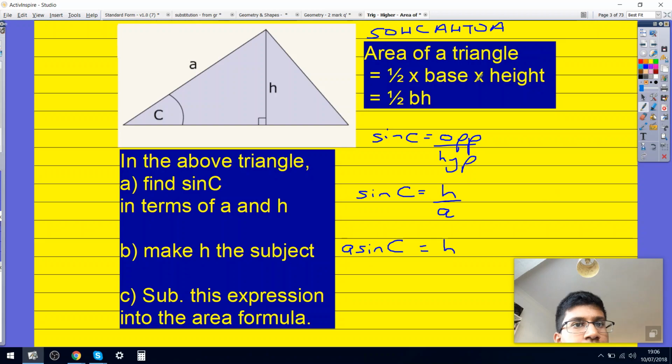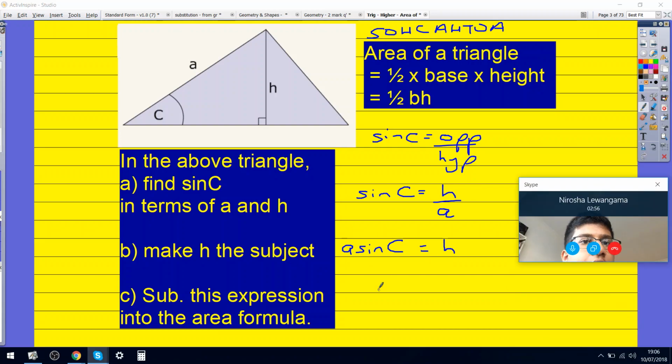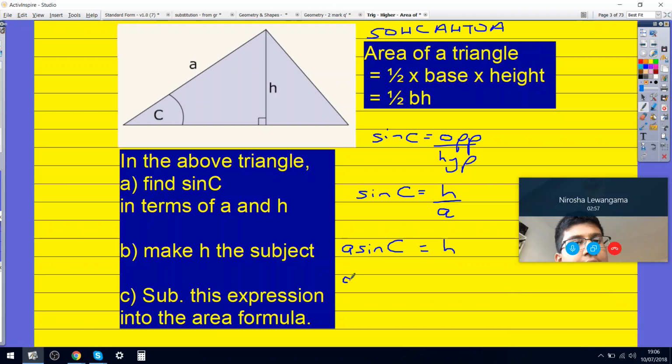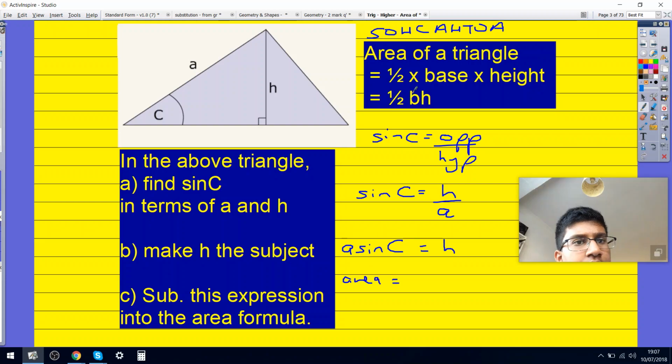The area is a half times base times height, or a half BH. We replace height with A sine C, so that becomes a half times base times A sine C. Putting them alphabetically, it's a half AB sine C.